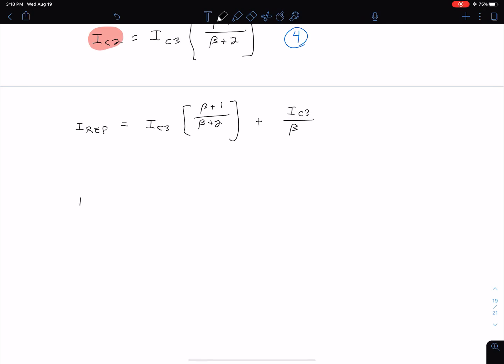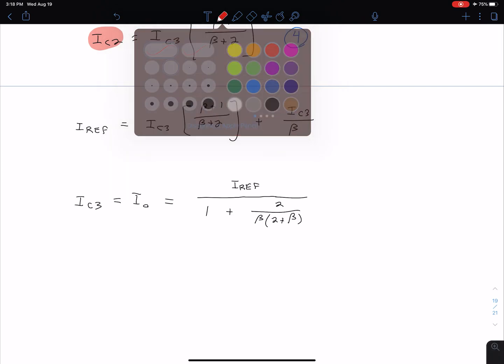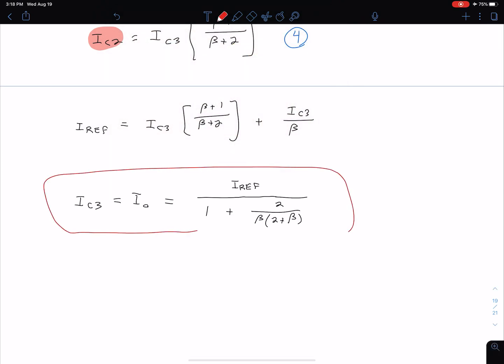And if we do that and solve for our IC3, we'll get IC3 is equal to I out, which is equal to IREF in the numerator divided by 1 plus 2 over beta times 2 plus beta. And so this would be our expression relating our output current to our reference current in our Wilson current source.